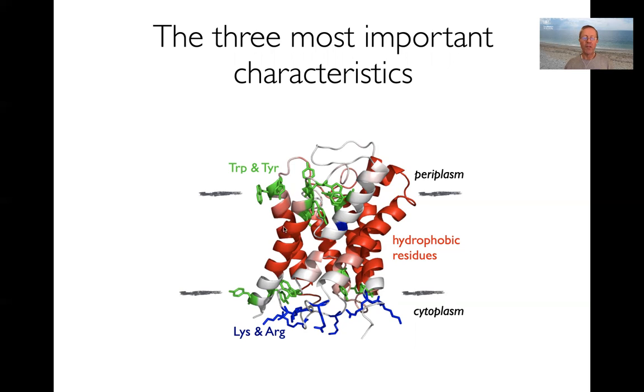The transmembrane helices are hydrophobic, and essentially all the lysines and arginines are on the inside, except one, which is here, that is actually part of the water channel through the membrane. So it's required for functional reasons here, but there is none in these periplasmic loops in this particular case. So those are the 3 characteristics that we think are universal, essentially, for all helical membrane proteins, and that form the basis for the topology predictions.